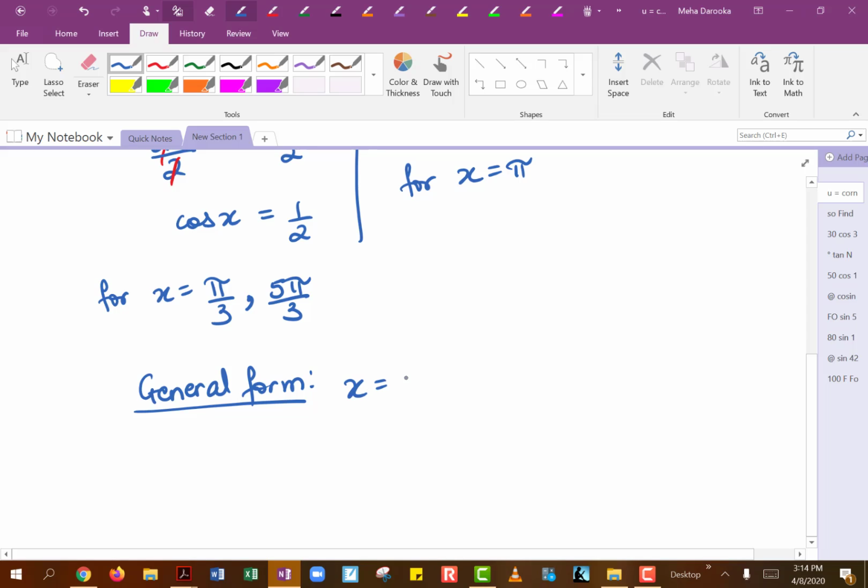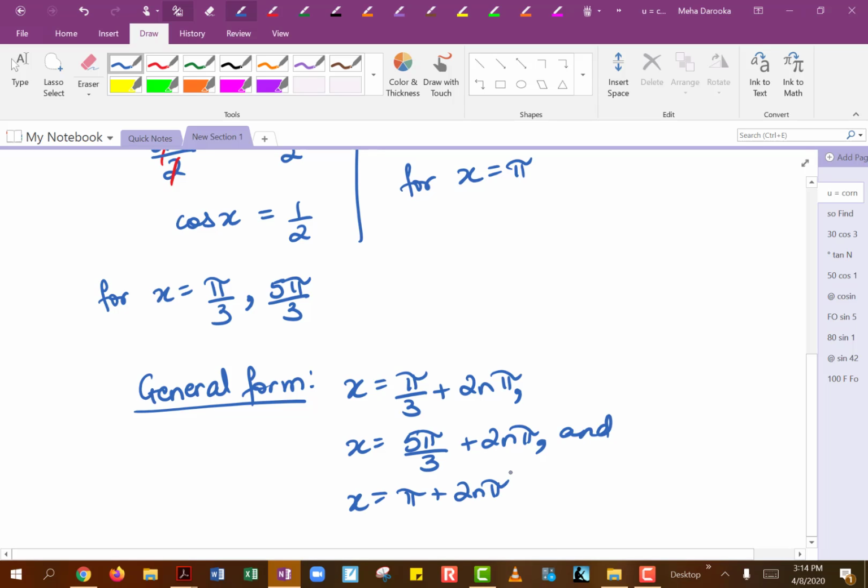So that would be your x would be pi over 3 plus 2n pi, right? X would be 5 pi over 3 plus 2n pi, and then for the last one, x would be pi plus 2n pi, and we would say where n is an integer.